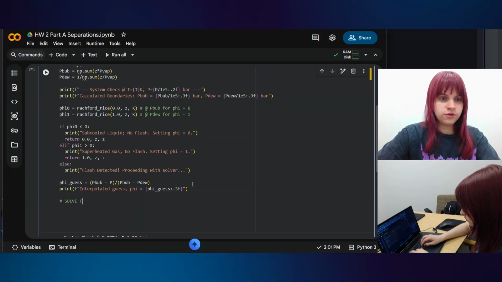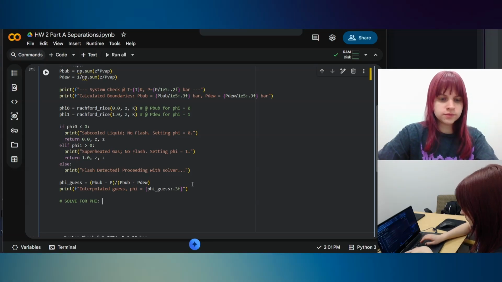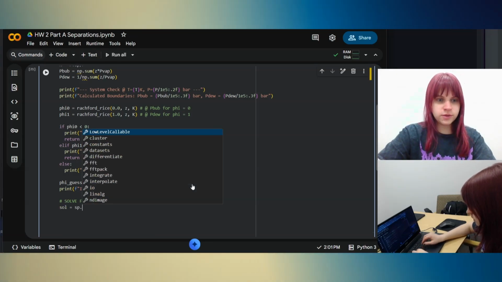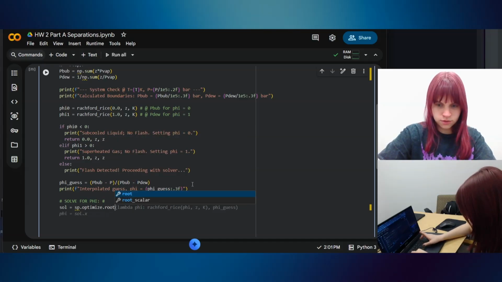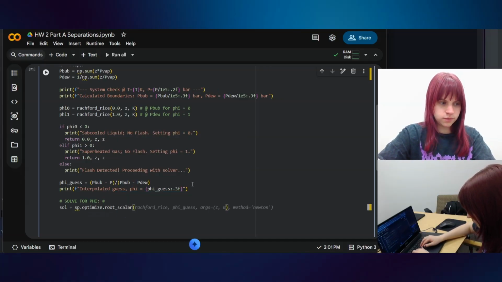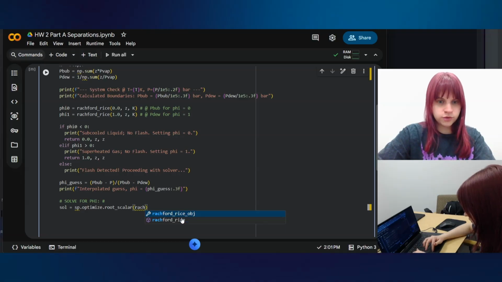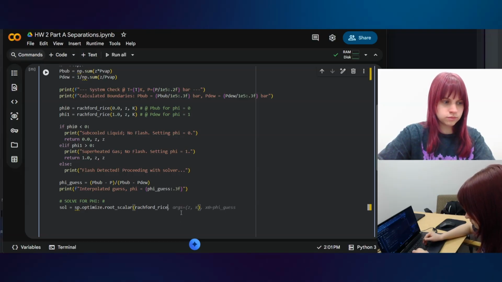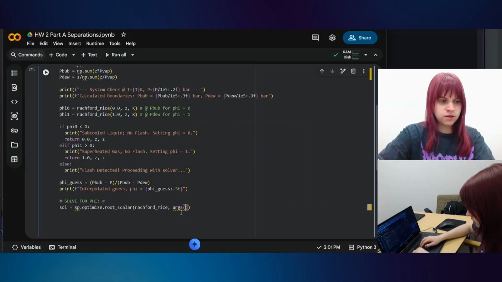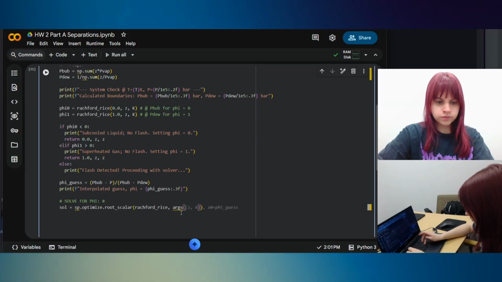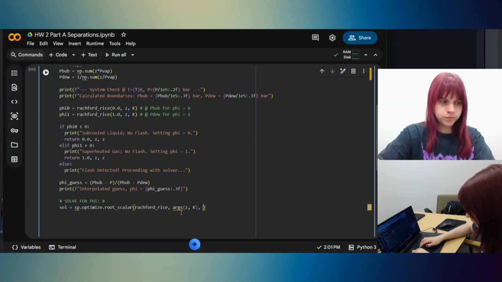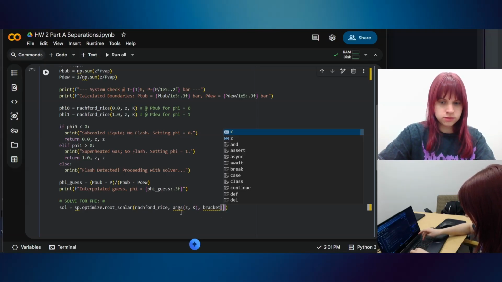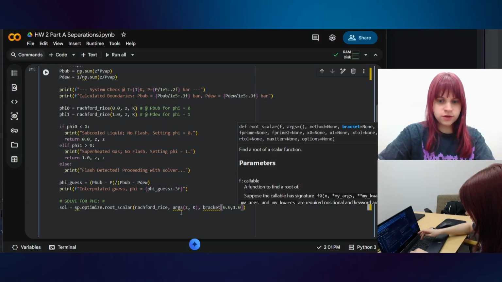And now we want to solve for phi. So we are going to use the optimize root scalar with Rachford-Rice. Our arguments that we're giving to it are the z and k, between these values.